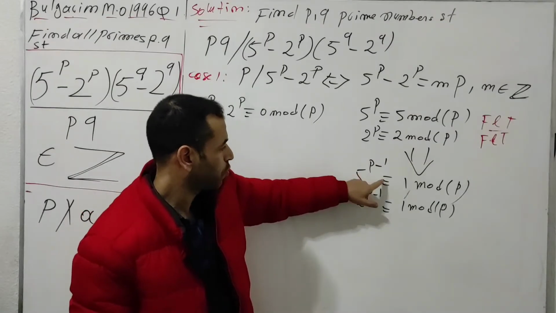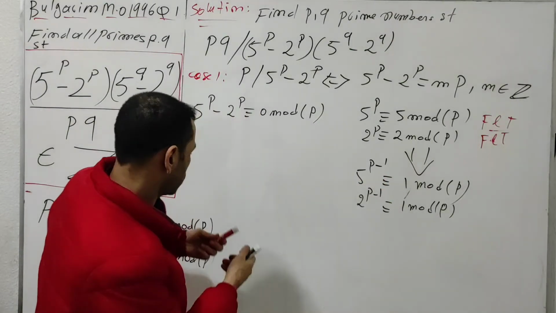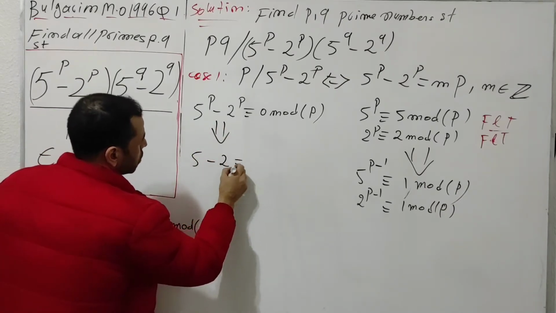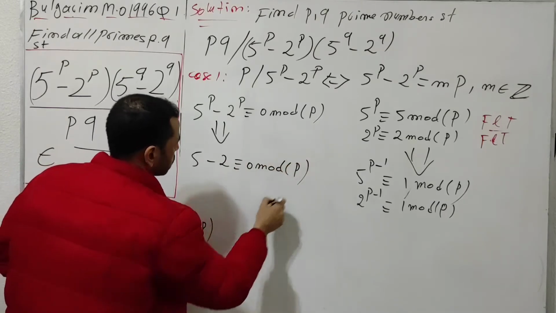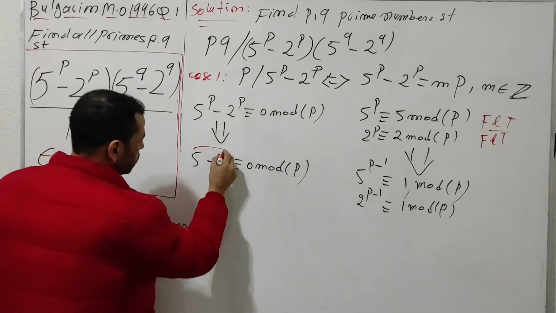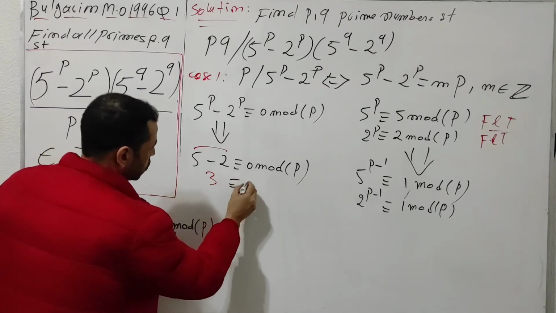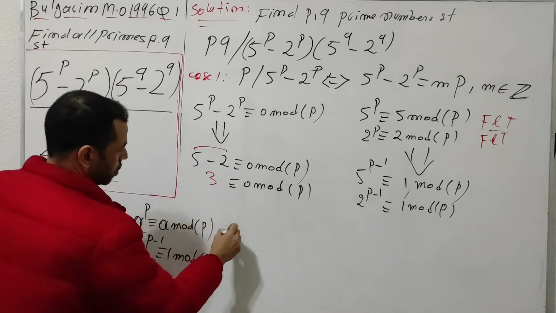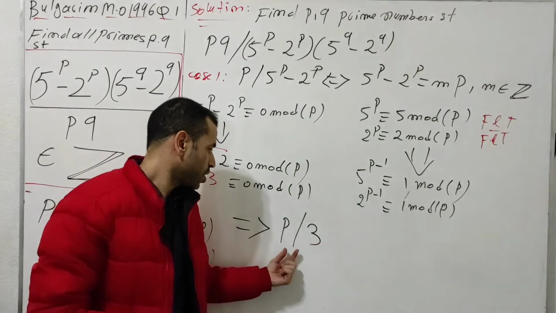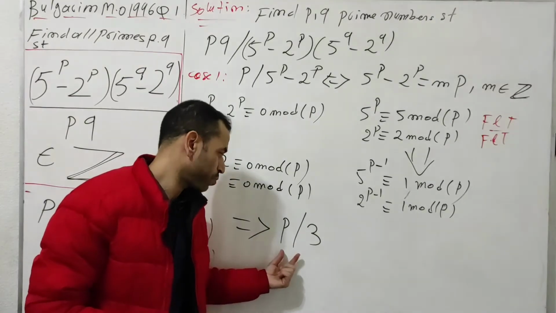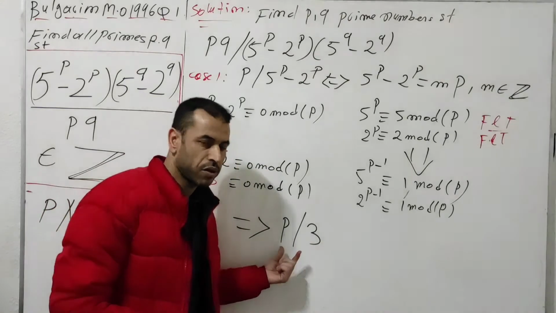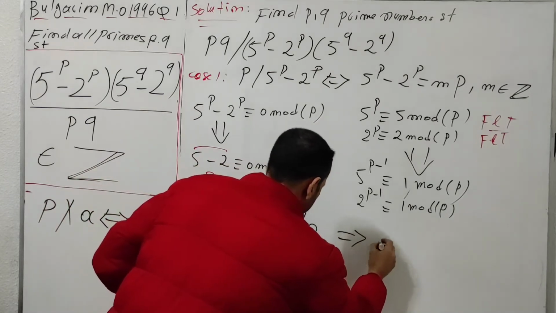If I take the difference, it implies 5 - 2 is congruent to 0 mod p by Fermat's Theorem. So 3 is congruent to 0 mod p, meaning p divides 3. Since p is a prime dividing 3, p equals 3, because p as a prime cannot divide another number. So p equals 3.